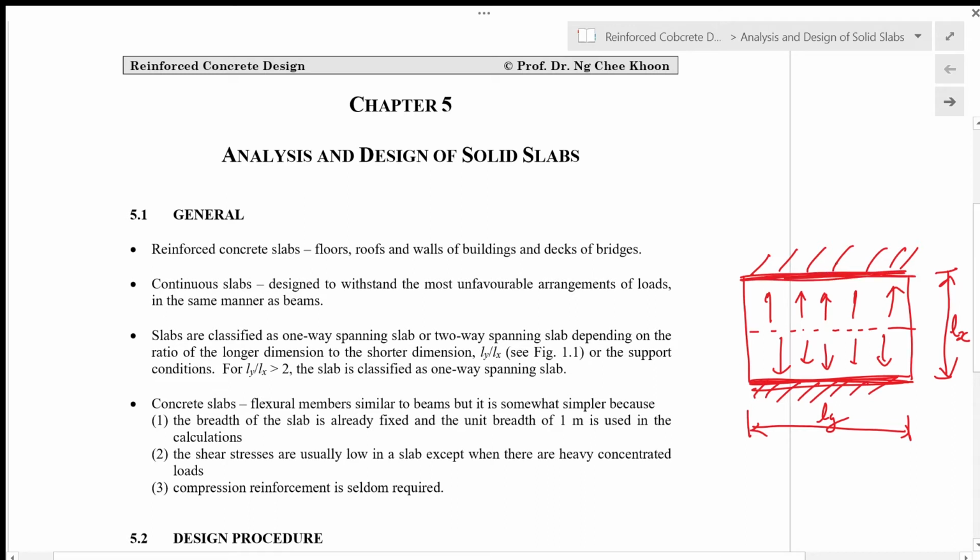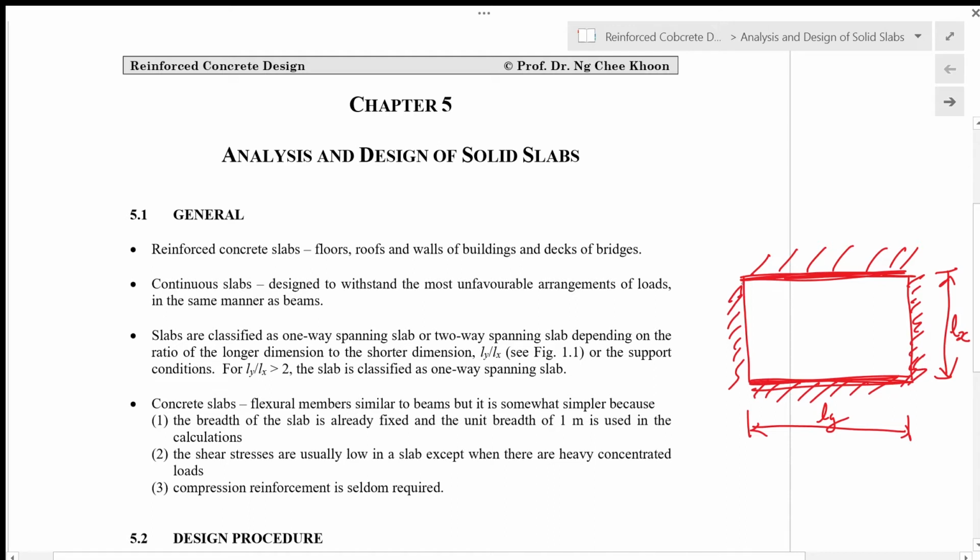If Ly over Lx is less than 2, then it is classified as a two-way spanning slab, where you cannot ignore the support on the shorter dimension.